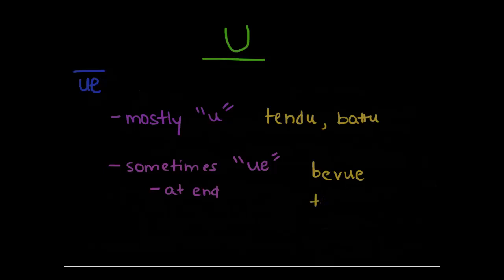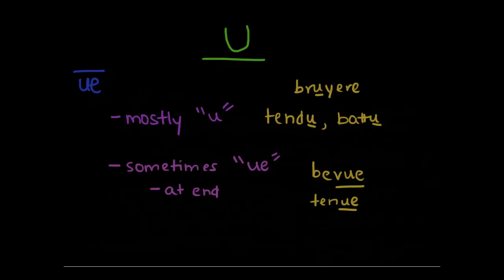Tenue is another one. But most of the time, it's going to be just a U at the end. And if it's in the middle of a word, it's still going to be a U most of the time, like bruyère. So let me write that up here. Bruyère. Got that U. So most of the time it's going to be a U. So if you have no idea, I would suggest going with a U.